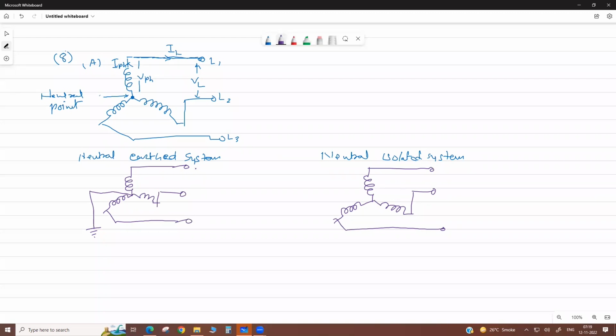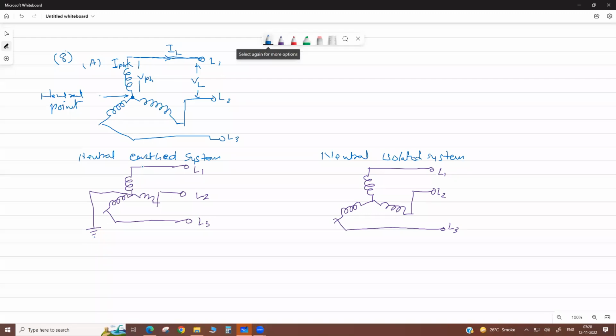In this chapter, on the power distribution system, there is a numerical also on the neutral earth system. Line 1, line 2, line 3 are there. So here you write the advantage of the neutral earth system.